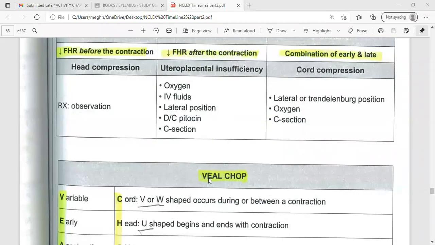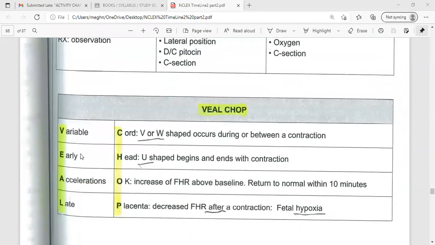So, an easy way to remember: variable, early, accelerate, and late. Here you can write VEAL, VEAL. V for variable, E for early, A for accelerate, and L for late deceleration.